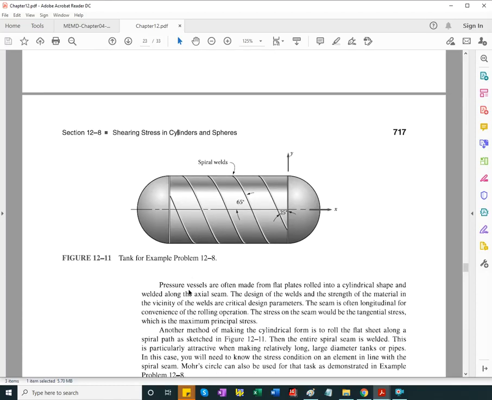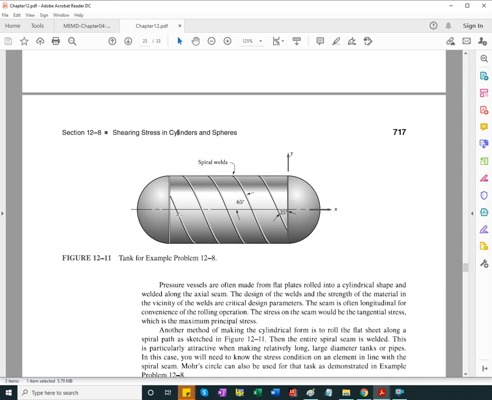Okay, an example where analyzing the stress at an angle other than the principal directions matters. So a pressurized vessel, a pipe, longitudinal and transverse directions are principal directions. You have the principal stresses, but you want to calculate the stresses on an element that's aligned with a certain direction.